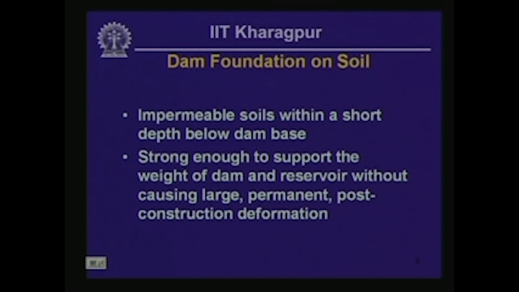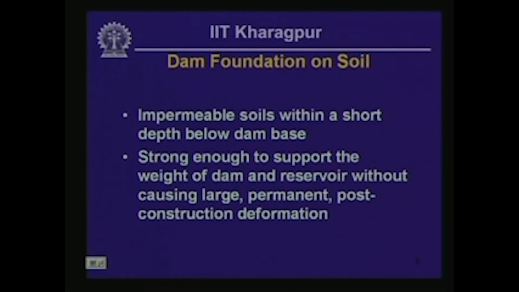This requires some measures. For example, if there is a soil site earmarked for dam construction at which the top few meters are underlain by compressible organic soils, then those organic soils need to be excavated and replaced before the dam construction can be taken up at that particular site.